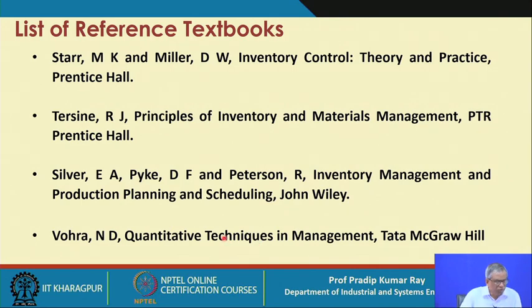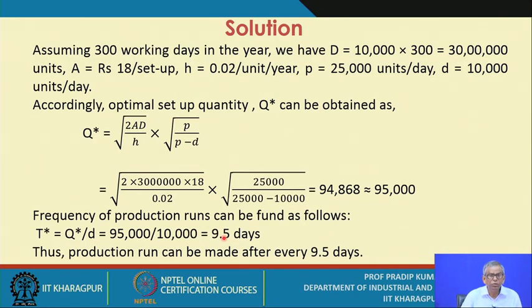Okay, so what is important is that you follow. We have discussed what is EOQ, its application, what could be a typical numerical problem related to EOQ, and the second one that we have discussed, the self-supply case, how to determine the economic production quantity.